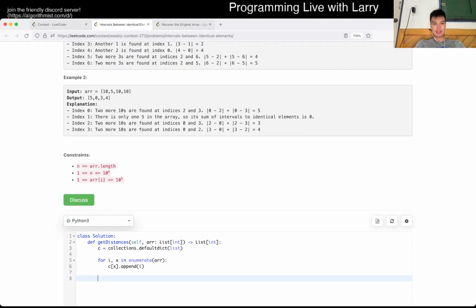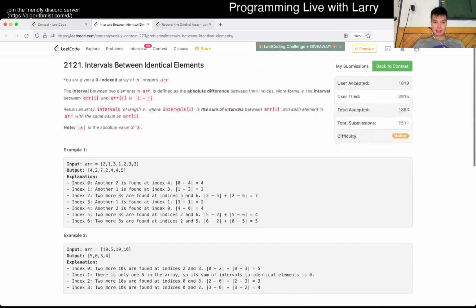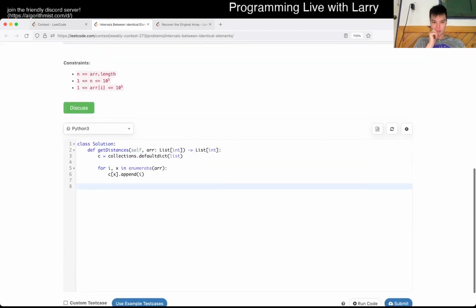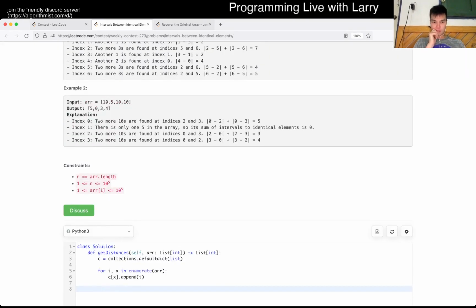How do I get the distance between all the numbers? I'm guessing that a naive approach wouldn't work. Sum of the intervals, huh? So we've got 2.